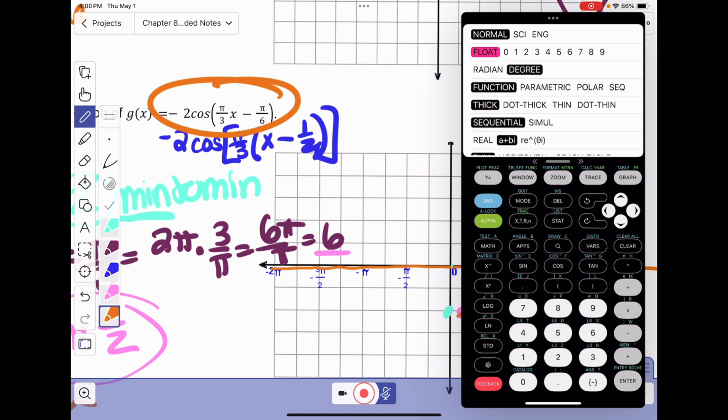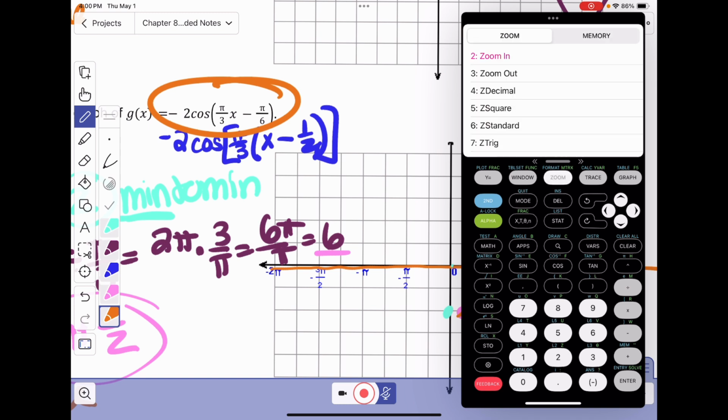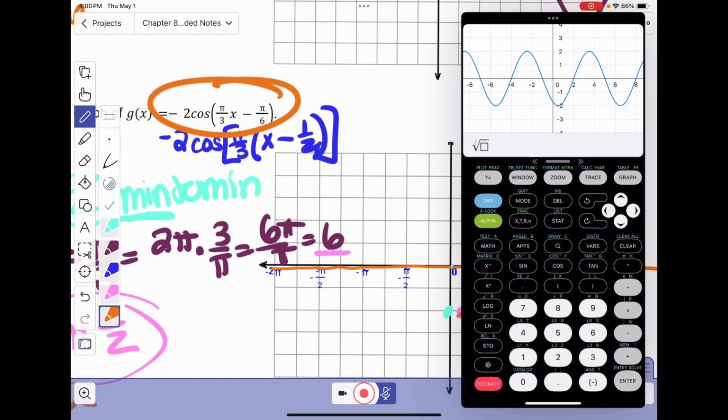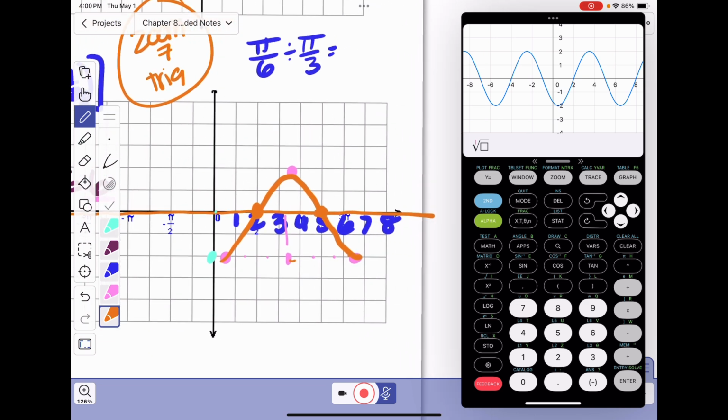Make sure your mode is in radians, otherwise it won't graph it well. And zoom 7 is trig.